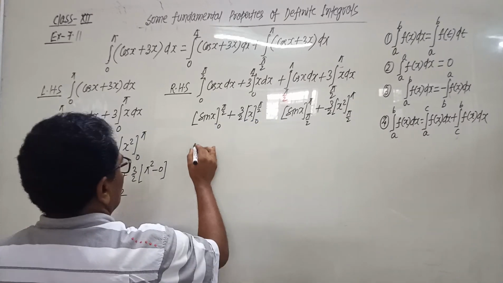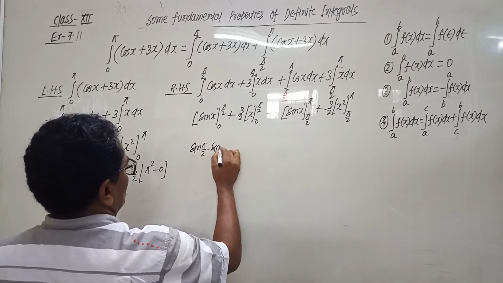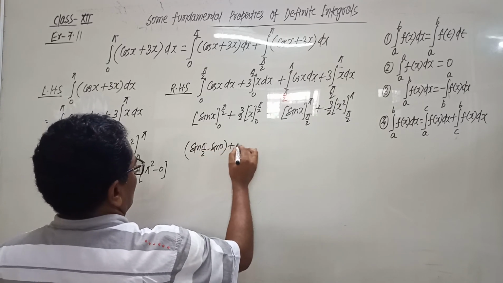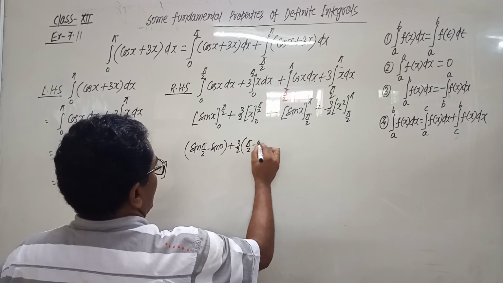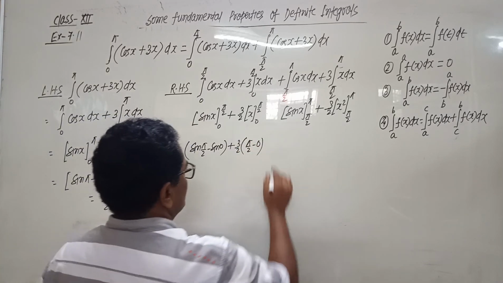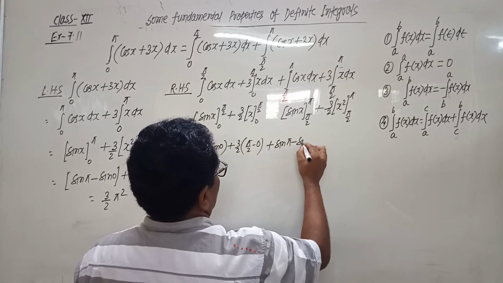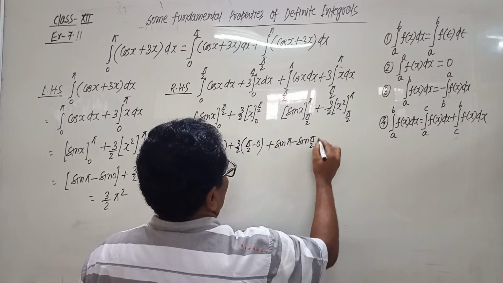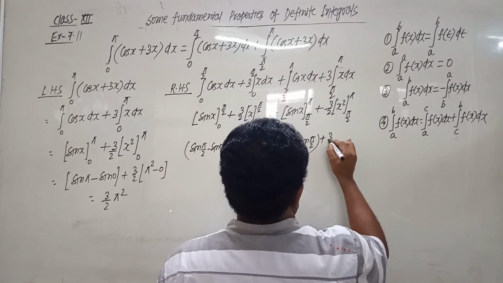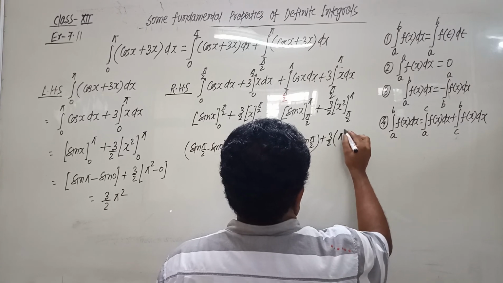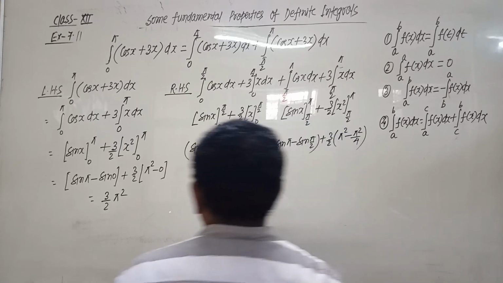Now put the limit. So sin pi by 2 minus sin 0 plus 3 by 2 into pi by 2 square minus 0, plus sin pi minus sin pi by 2 and plus 3 by 2 into pi square minus pi square by 4.